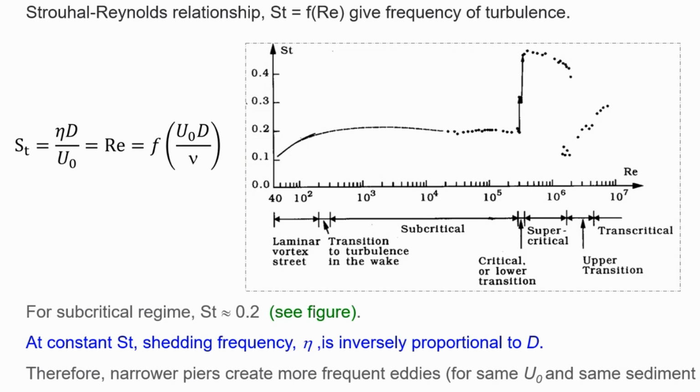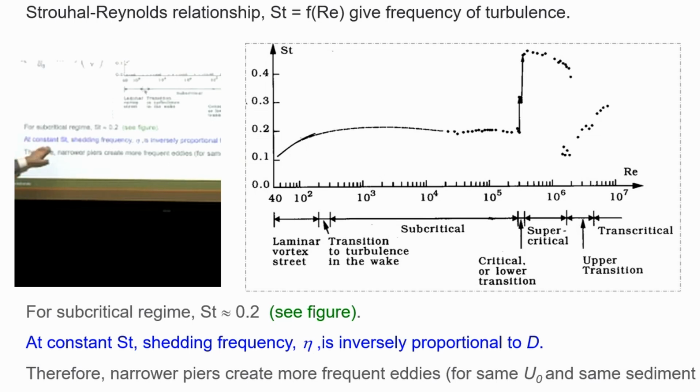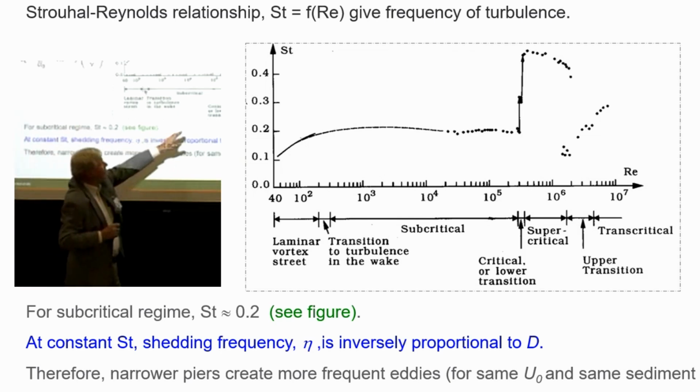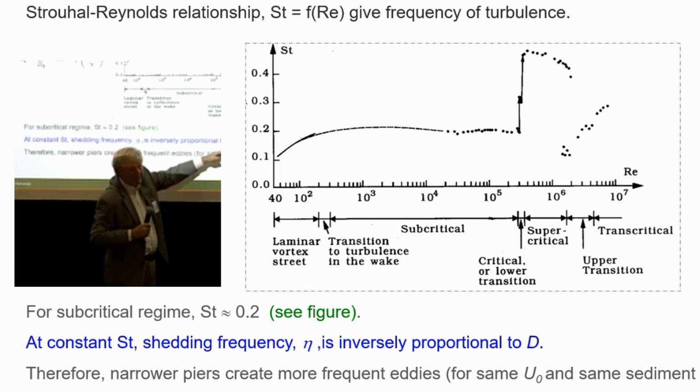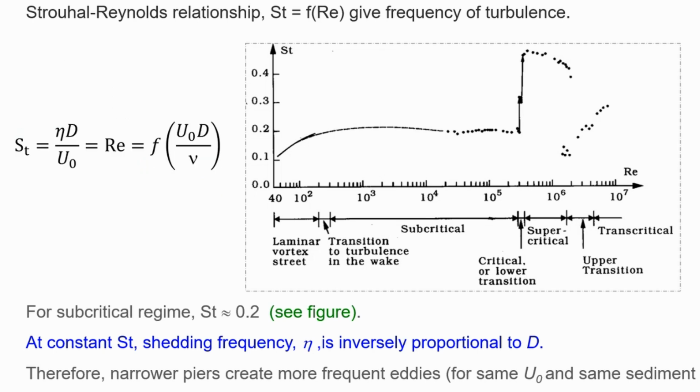As I've indicated in blue here, frequency is inversely proportional to D if you keep the Strouhal number about 0.2. If you go here, which largely depends on the roughness, then the frequency can be highly variable, which adds complications to scour depth estimation. So narrower piers create more frequent eddies, and the vorticity of the eddies is larger than at full scale.